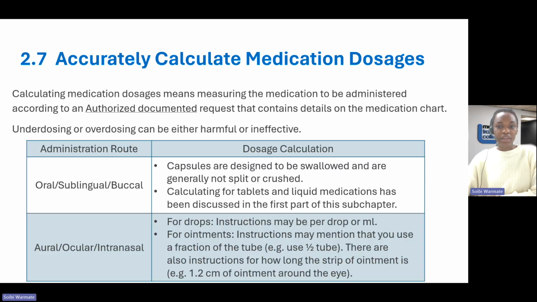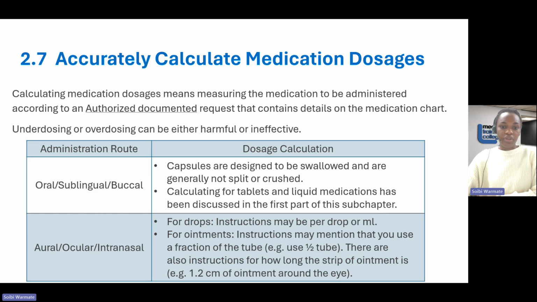Accurately calculating medication dose. Now, the oral medications are usually in capsules and these are just counted. So you calculate them by counting the medication, and the liquid medications have to be put in a measuring cup to determine the quantity.